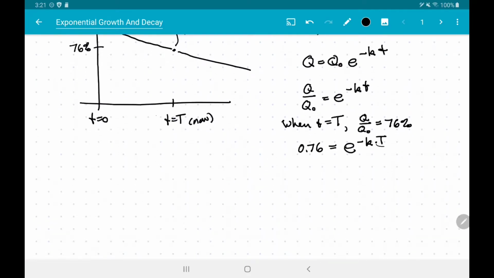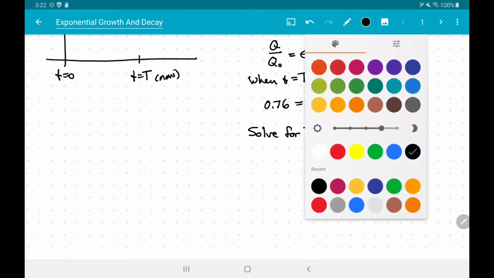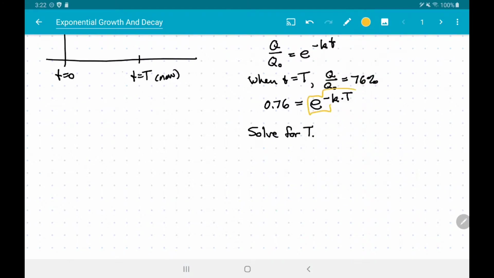So we need to solve for big T. Well, we've done several problems like this. There's an unknown up in an exponent that we need to get. How do we undo this exponential operation? We'll apply ln.